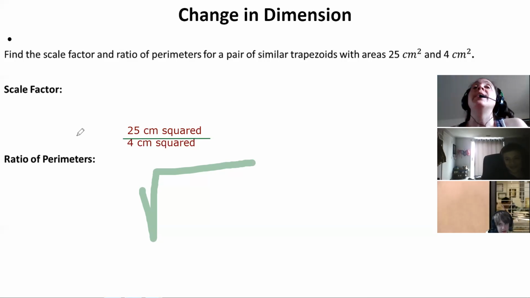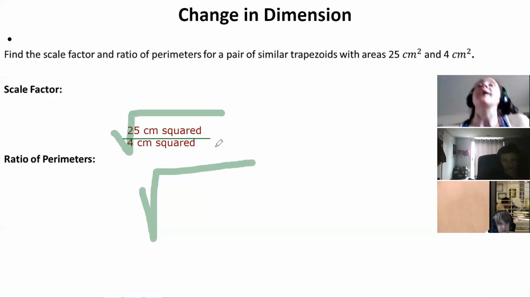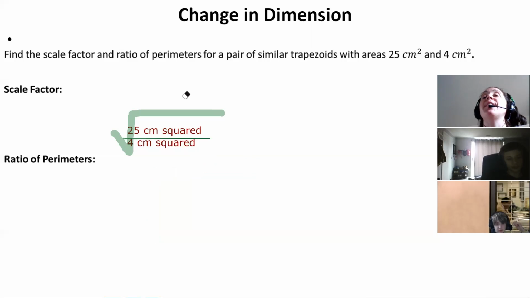So if we start with area, you have to do the square root to get back to the scale factor. The square root of 25, what was squared to give us 25? 5, very good. So 5 was squared to give you 25. So we have 5 centimeters.